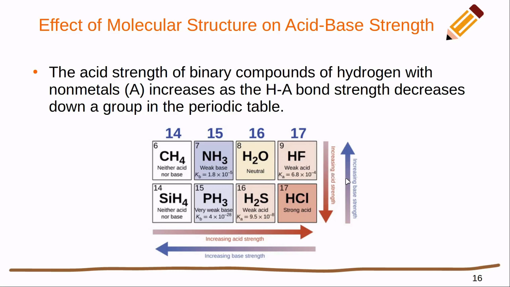We want a less electronegative atom for it to be bound to. So HF, where fluorine is our most electronegative atom, is a fairly weak acid. It binds tightly to that hydrogen. As we go down the table and move towards the right, we get weaker and weaker bonds, and we see stronger and stronger acids.